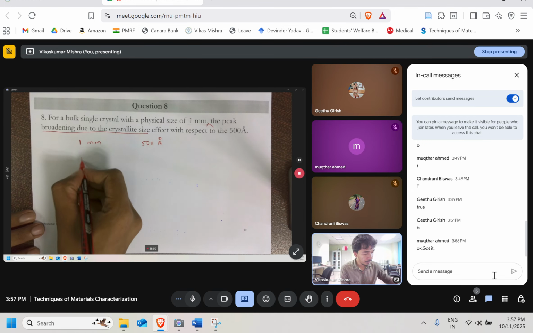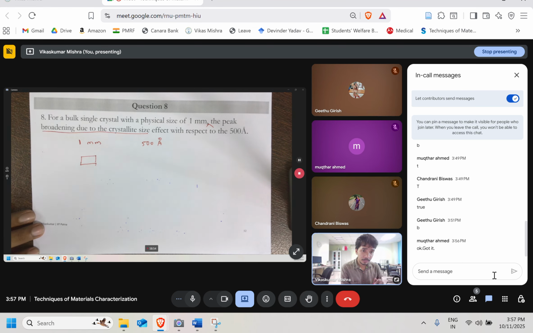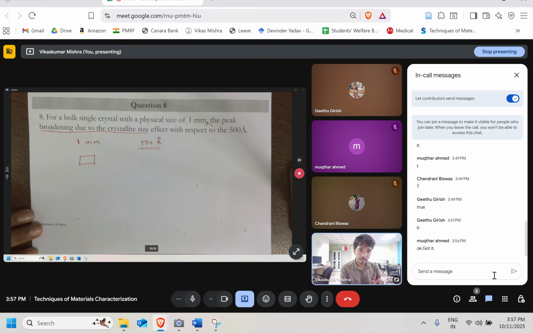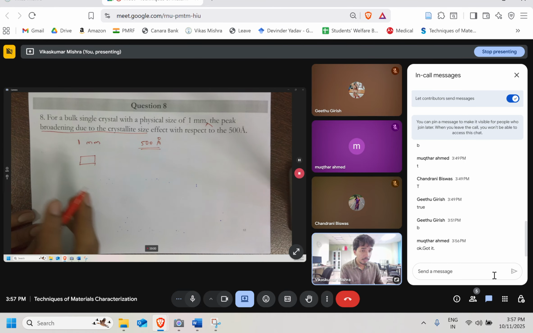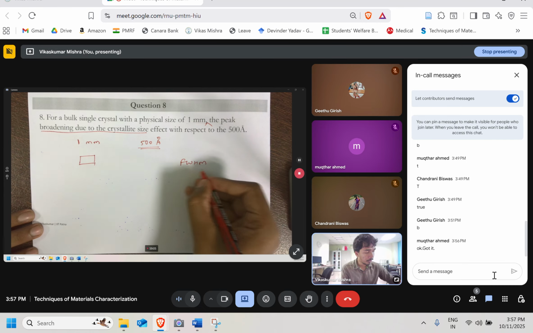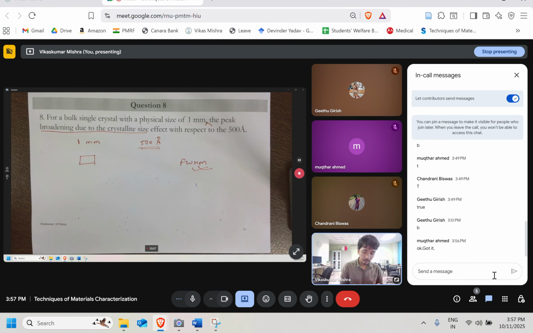You have the single crystal, one with 1 mm thickness and another with a thickness of 500 Angstrom. In which case will the peak broadening, for example the FWHM, be more? Can anyone comment on this?